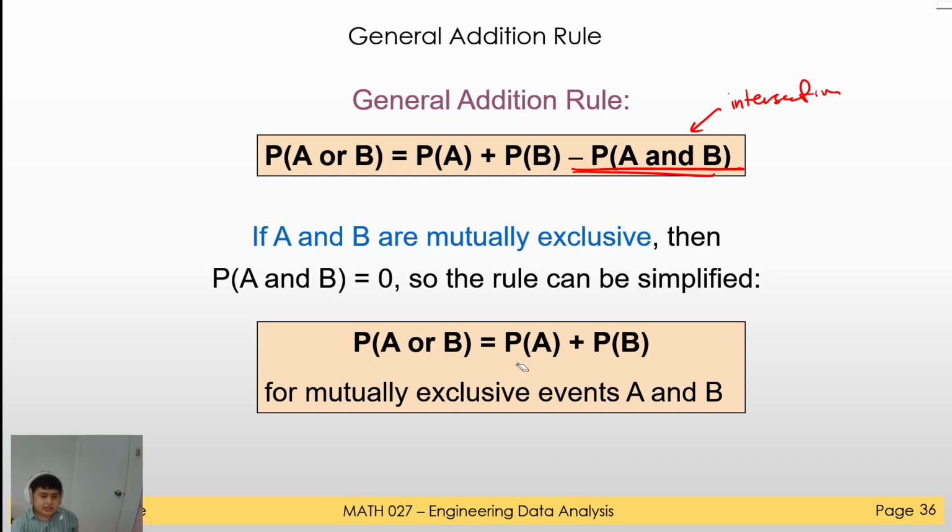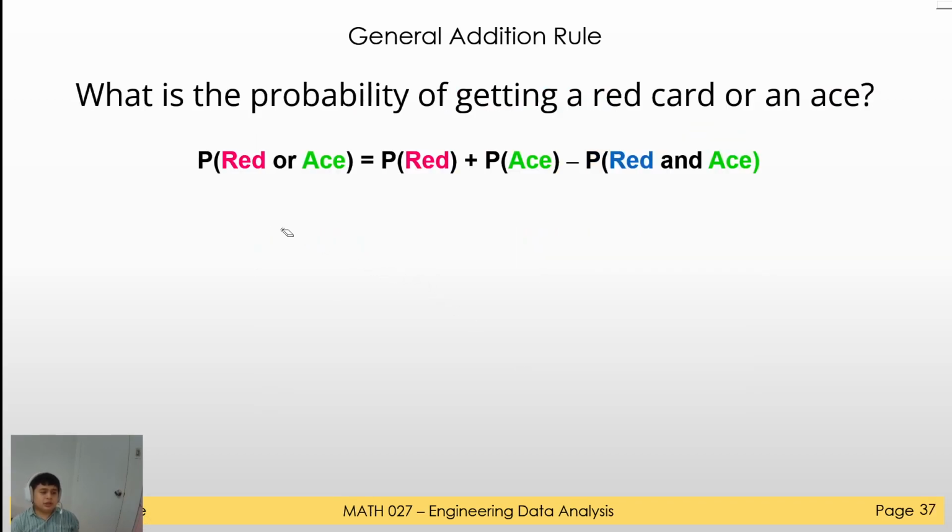So let's say, for example, we want to determine the probability of picking a red card or an ace card. So the probability of this occurring will be the sum of their probabilities, no? How many red cards do we have? We have 26. For ace, we have 4 aces.